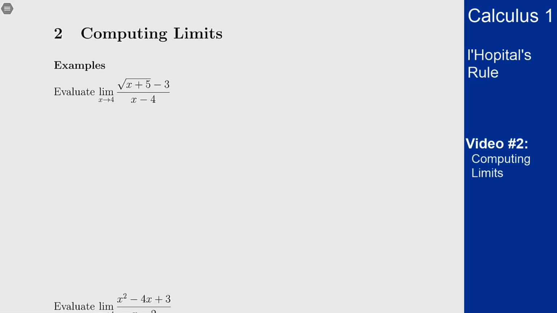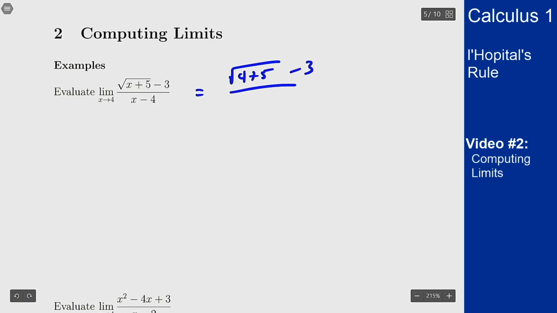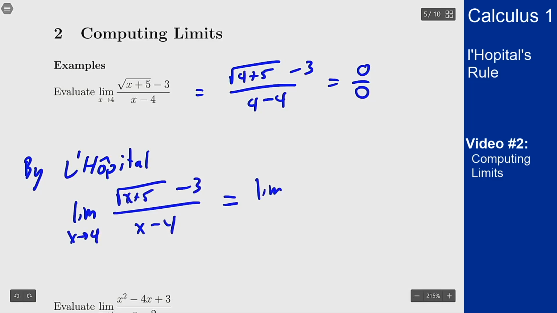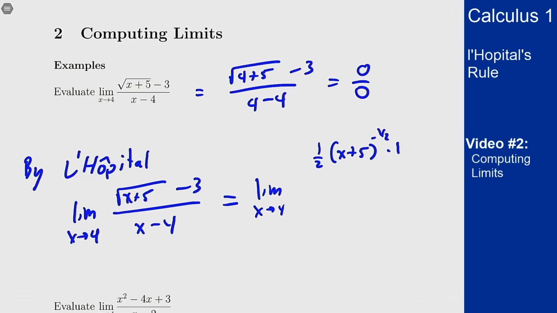So if I plug in 4, I will see the square root of 4 plus 5 minus 3 over 4 minus 4. That's root 9, which is 3, so it is 0 over 0. So I'm going to apply L'Hopital's rule. By L'Hopital's rule, this is the same thing as the limit as x goes to 4 of the derivative of the top, which is 1/2 (x plus 5) to the minus 1/2 times 1 for the chain rule, minus 3, which goes away to 0, divided by 1.